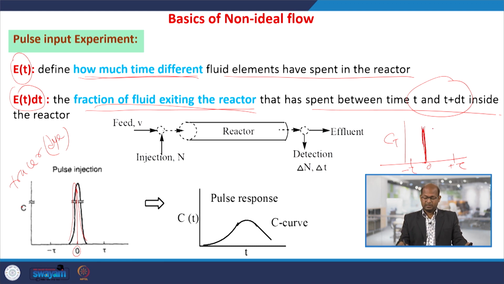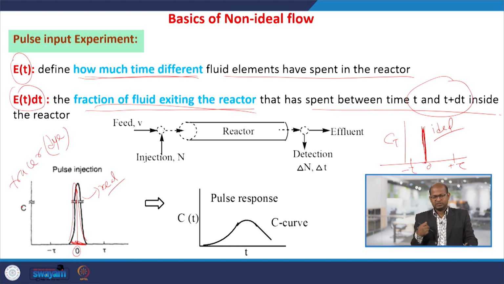But this is the ideal case. In the real case, a pulse injection takes some time, maybe 1 second, if we infuse anything into our body or this fluid system. So ideally it should be a line, but in the real case it should look like this.